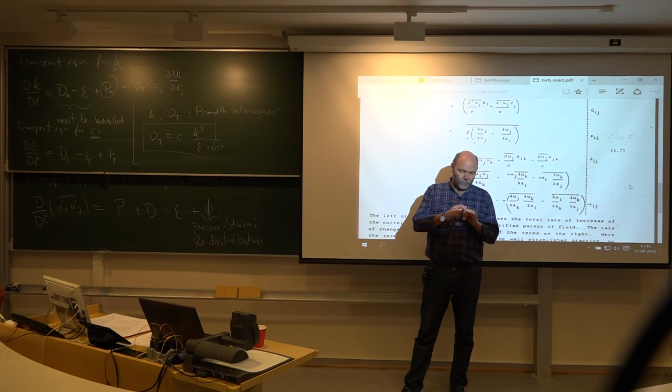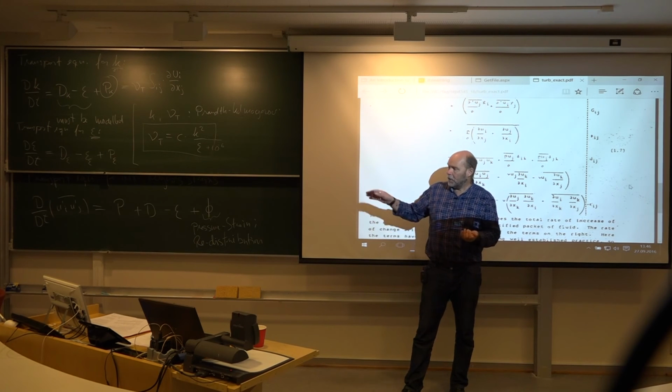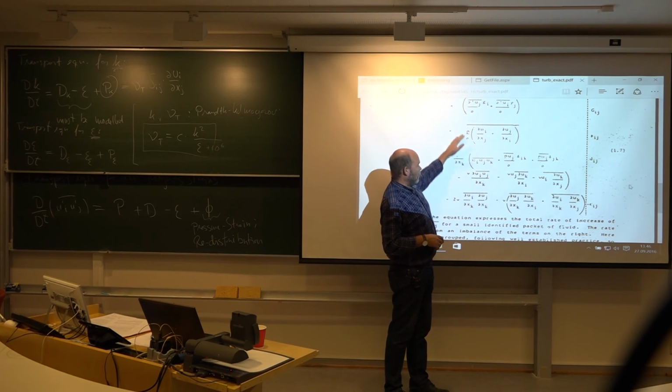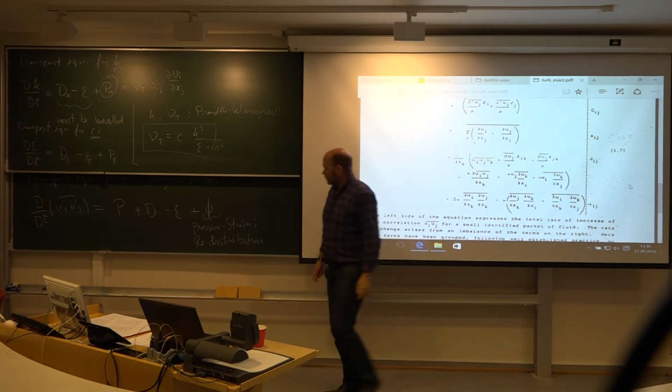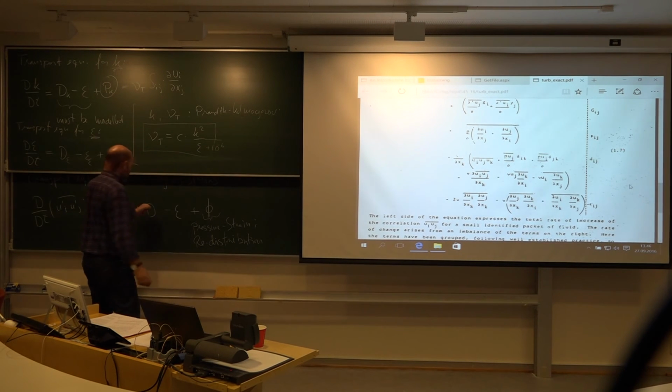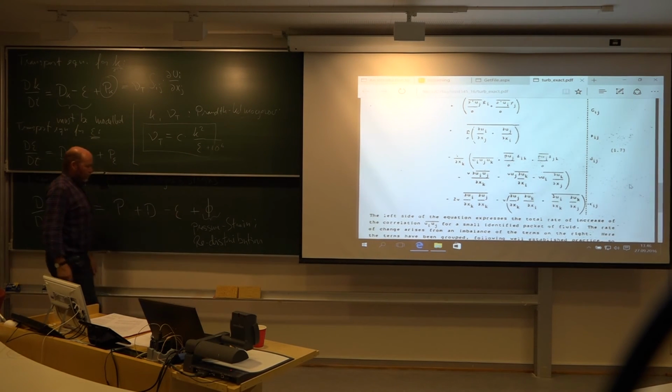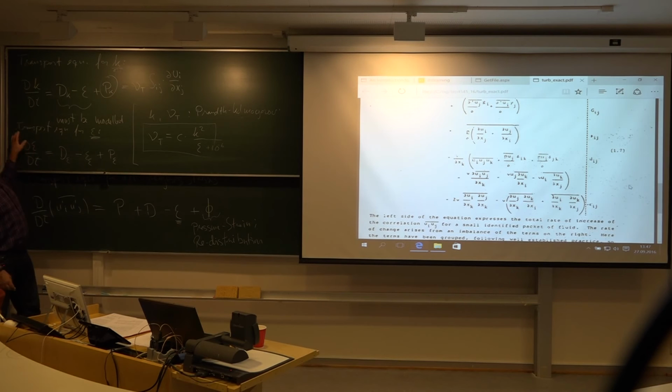But the price you pay is the models. I mean, as you can see, very, very complex. Yes, we have to model all these terms. The epsilon, actually the dissipation, is typically modeled by stealing the transport equation from the K epsilon model.